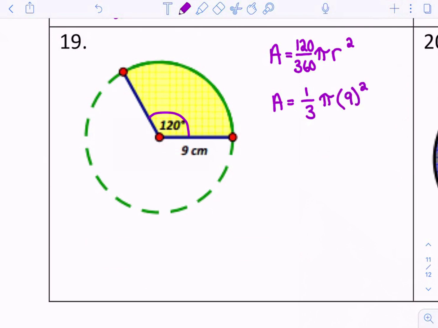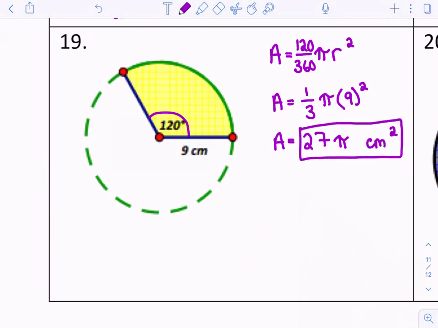Now remember, if I want the exact value, I'm not going to put pi in the calculator. I'm just going to do 1/3 times 9 squared. So a third of 81 is 27 pi. And that's approximately how much?